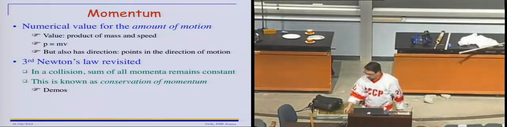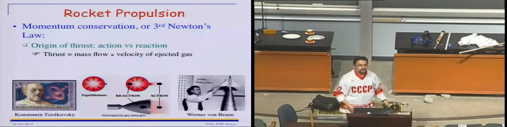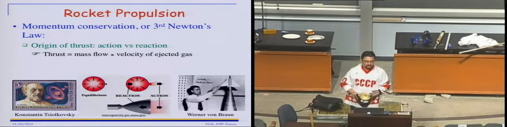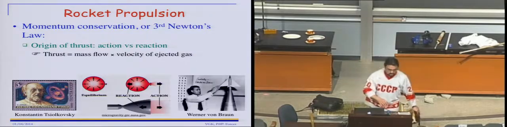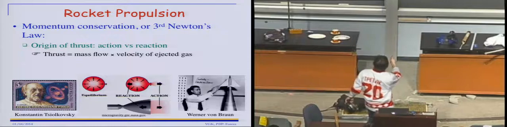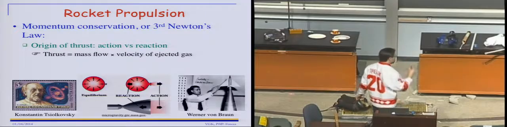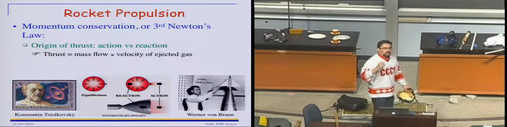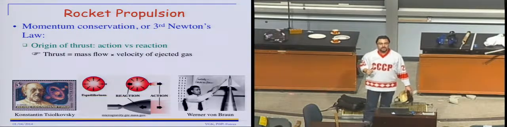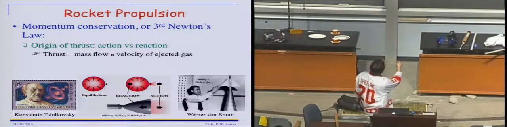Rocket propulsion works exactly on the principle of momentum conservation. So the way the jets work is you have a jet engine or a nozzle that sends out gases from the nozzle with high velocity towards the back of the engine.